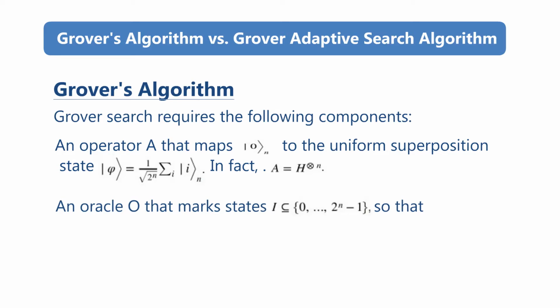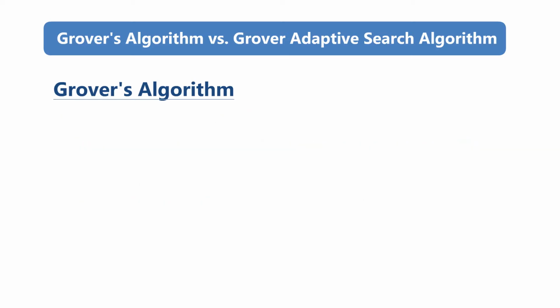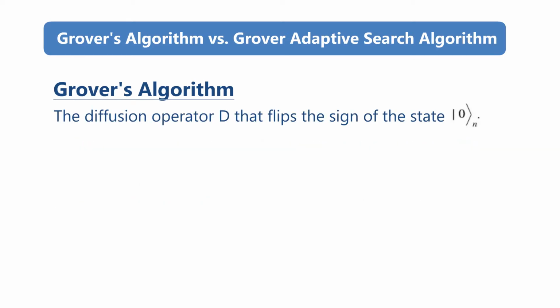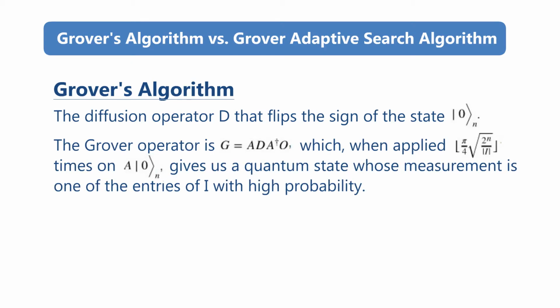An oracle O that marks states in a subset of {0, ..., 2^n − 1}, and the diffusion operator D that flips the sign of the state |0⟩_n. The Grover operator is G equals A D A† O, which, when applied ⌊π/4 √(2^n/|I|)⌋ times on |0⟩_n, gives us a quantum state whose measurement is one of the entries of I with high probability.